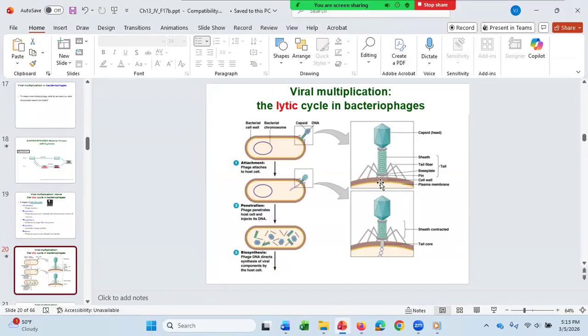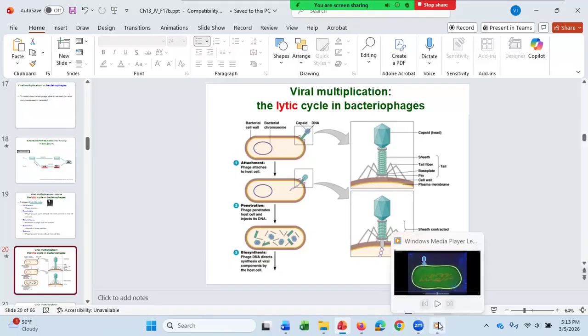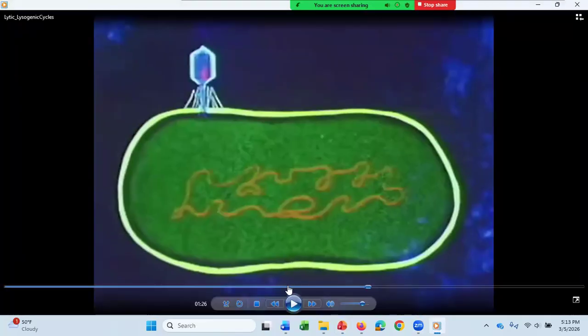And then that makes a hole in the cell wall. And then the virus literally contracts, where the tail right here contracts, which you can see here, but it puts pressure on the head, and that will inject the DNA, which is inside the head, into the host cell, which we saw in the movie right back.